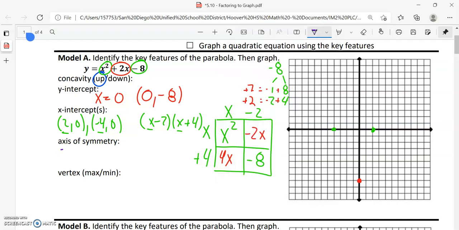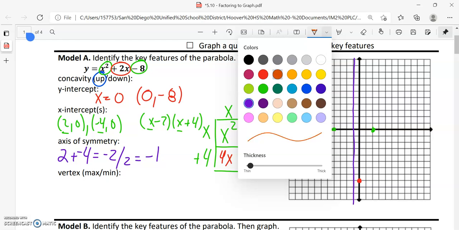So we add 2 plus -4, which is -2. And we divide that in half to find the average, which would be -1. Now -1 is right here. That's our axis of symmetry.